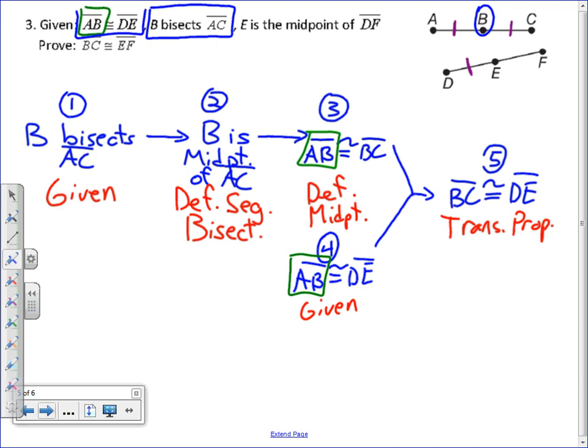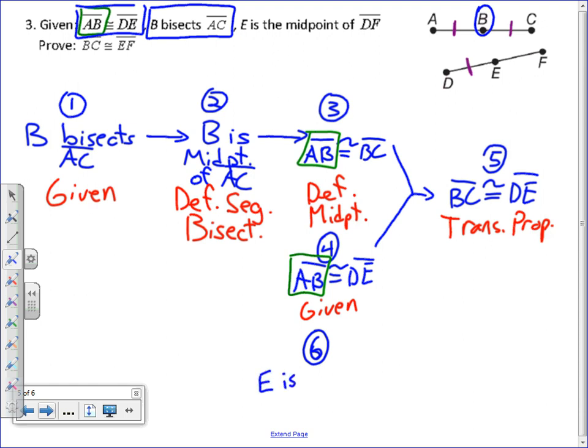We've used the second given first, we used the first given second, and we're going to use the third given third. So it tells me I have a midpoint. That's going to give me something congruent, and then I can use the transitive property again. So my number 6 is going to go underneath my number 4, and it says E is the midpoint of segment DF.